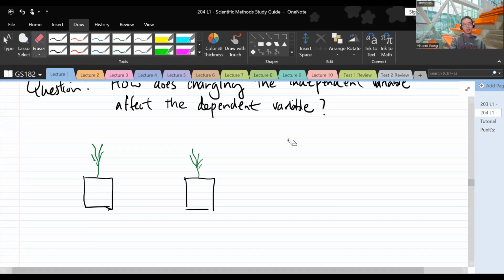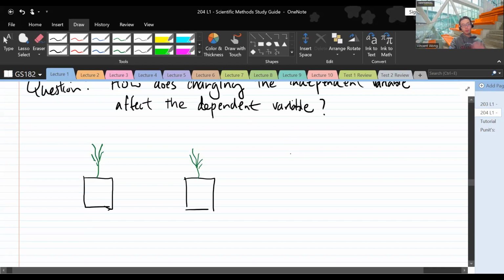So what happens if I expose more light to one plant than the other? Here this would be my control group. The control group would get a regular amount of light. So let's say like 6 hours. 6 hours of light.